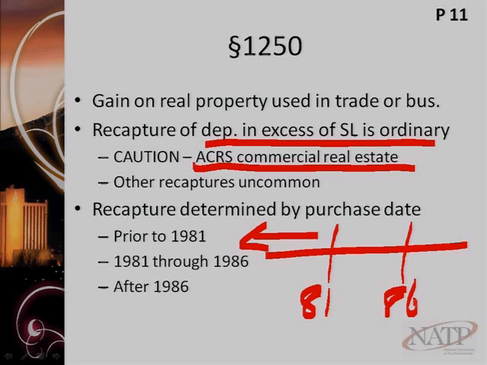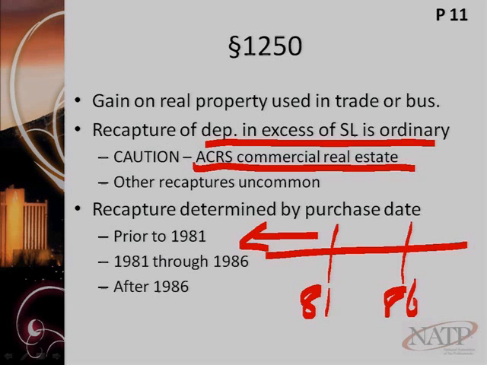In this case, he had a $50,000 gain today, even though it was on installment, because ordinary income doesn't qualify for installment. When we get toward the end of the chapter and talk about installment, we'll already know those answers.